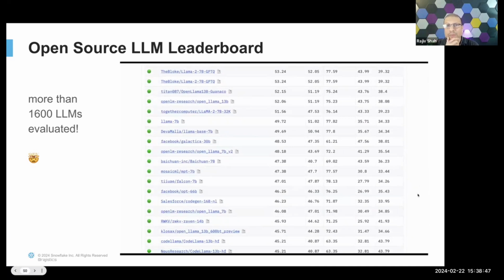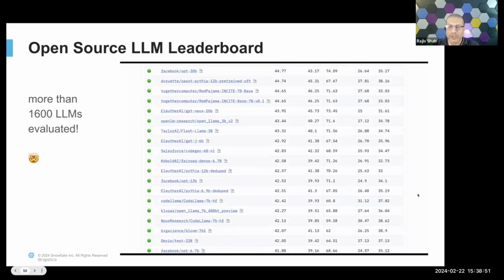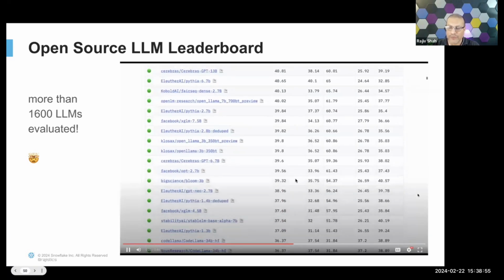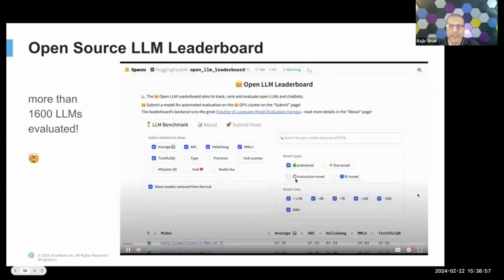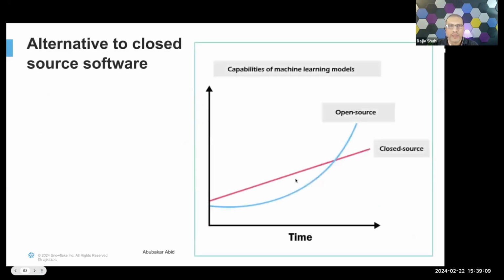So my guess is there are probably over 2,000 different open source models on the leaderboard. It's just amazing. I never would have thought, a few years ago, that we would have so many. You can go out there and find many different ones: the Llama models, the Falcons, all of these things. The Hugging Face Hub is full of them.